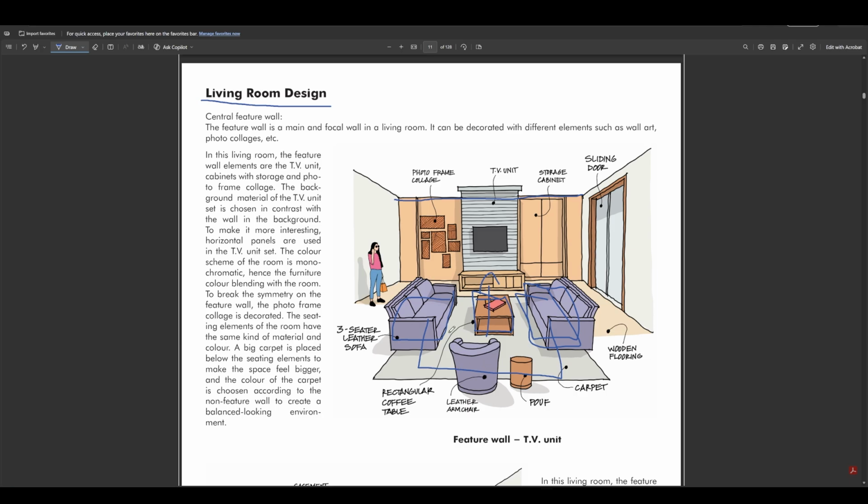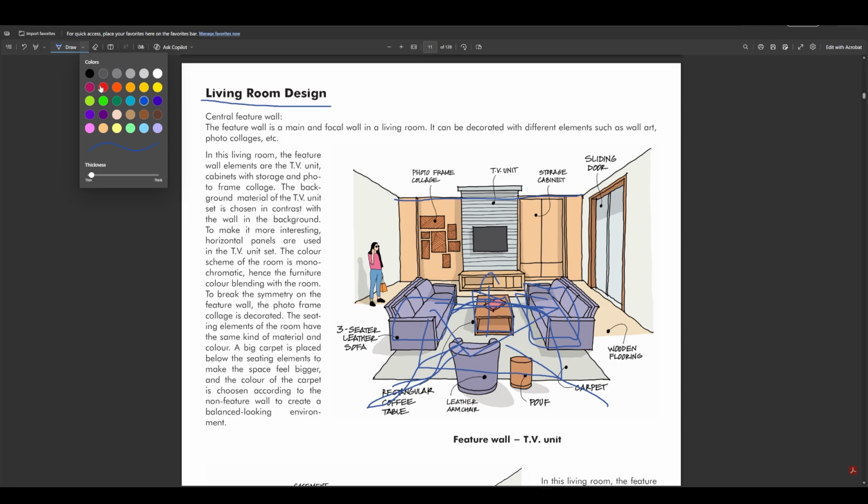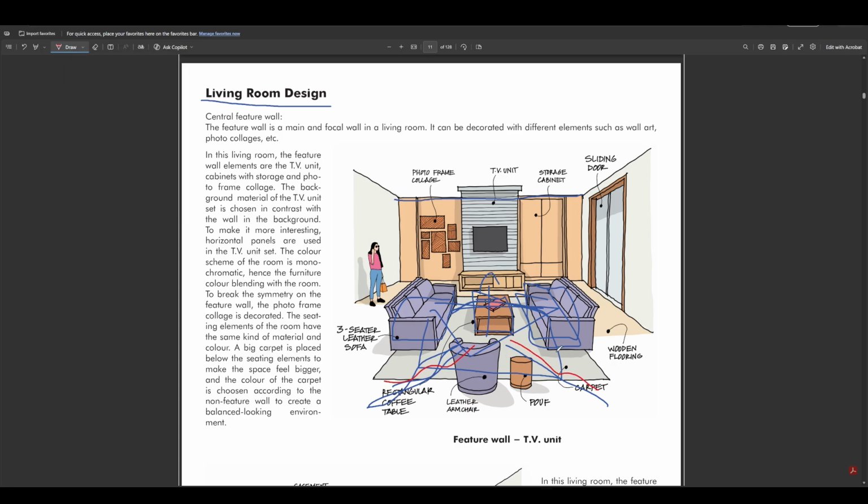We should design the space so it is functional and interconnected also, so these three can easily have a conversation, and the space between them is not very minimal or congested. And from here it is a sliding door, so we can access.